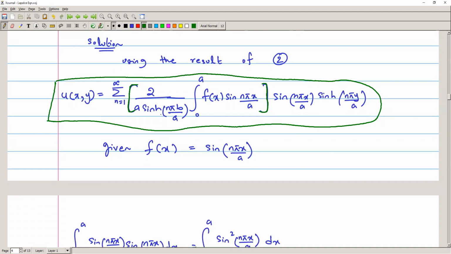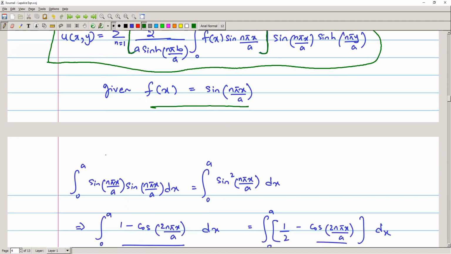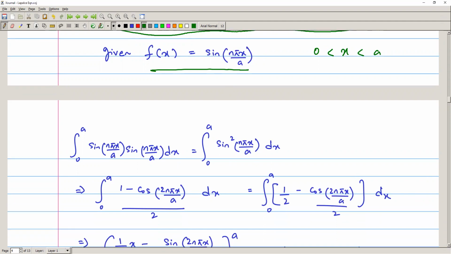So we know f of x is equal to sine n pi x over a. So we just need to find the integral from 0 to a, because we know that x is from 0 to a. Therefore, we are going to formulate this integral of sine n pi x over a times sine n pi x over a, which is sine squared n pi x over a from 0 to a.